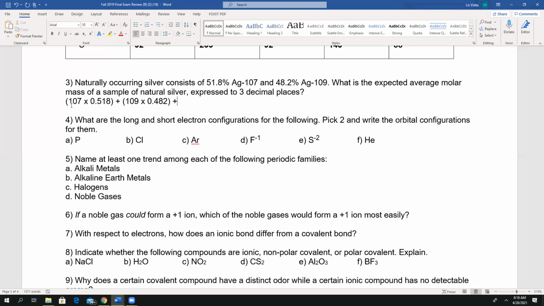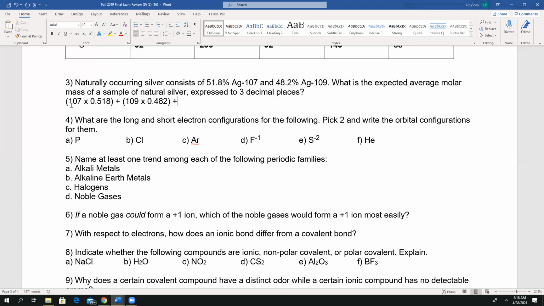So 107 times 0.518 plus 109 times 0.482. Okay.